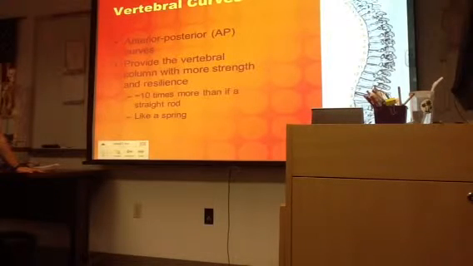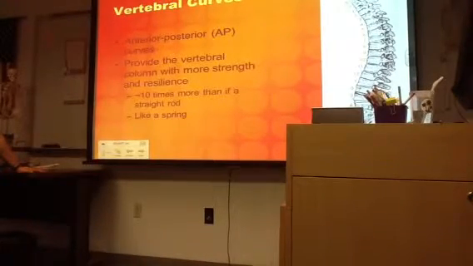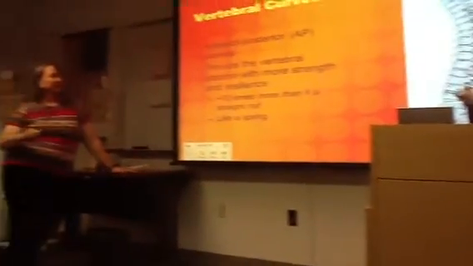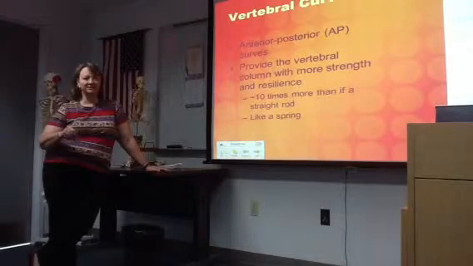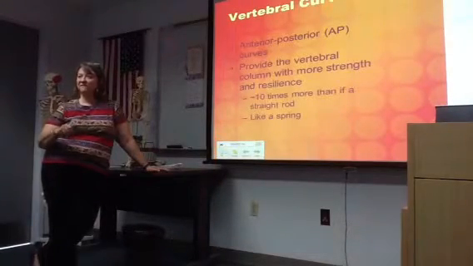The reason for that is, what's stronger, a straight pole or a spring? A spring is going to be stronger, okay? And so that's why our body is created. So fortunately, it doesn't twist around quite like a spring. Okay, but the whole idea about having a little bit of curvature in here is to, again, increase that shock absorption factor.